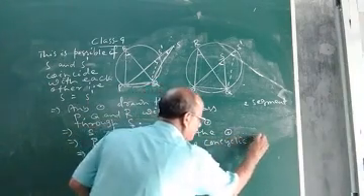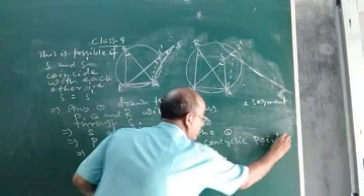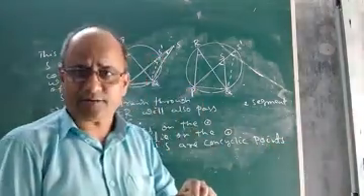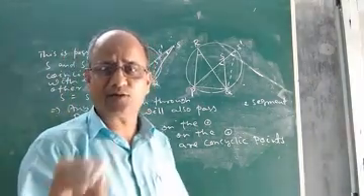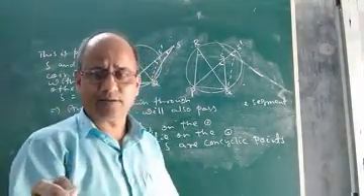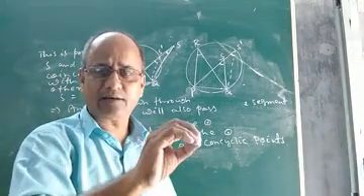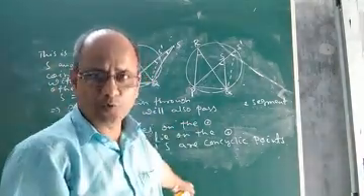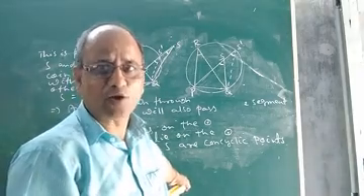Children, I hope you understood the concept of concyclic points. Four points are said to be concyclic if they lie on the same circle. And how to prove it? This is the concept of concyclic points.